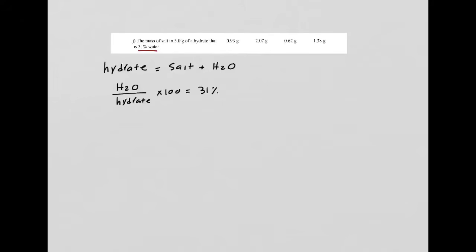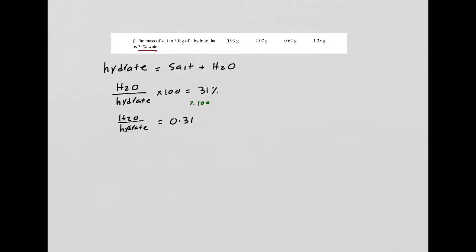I want to get rid of the percentage. So what I would do is divide by 100, right? So then what I would get is 0.31. So water over the hydrate is going to equal 0.31.